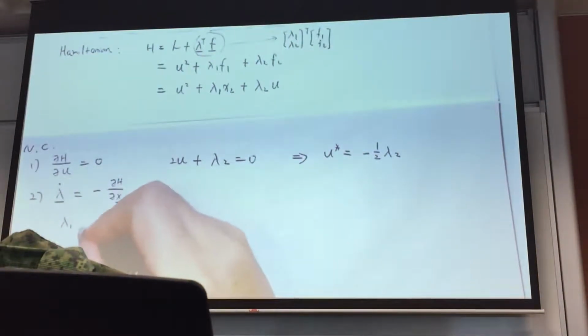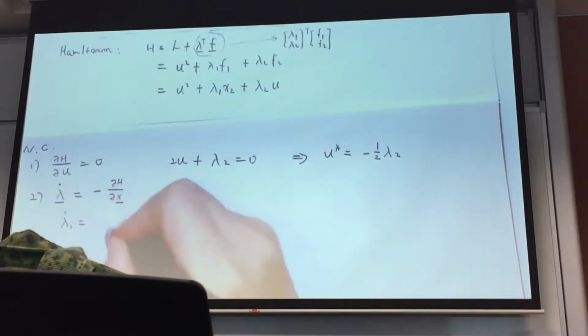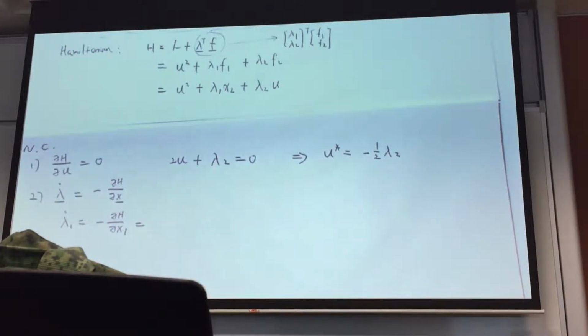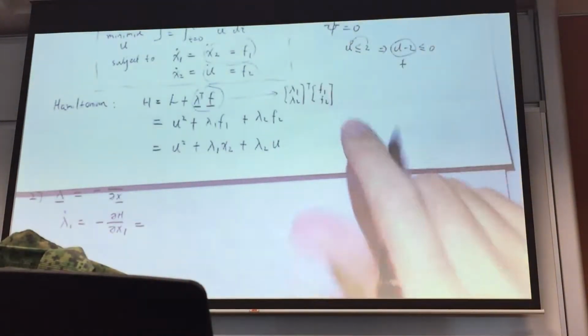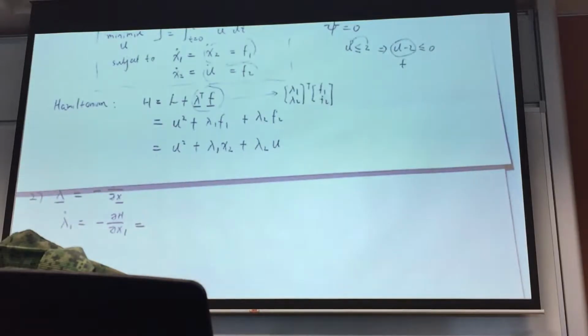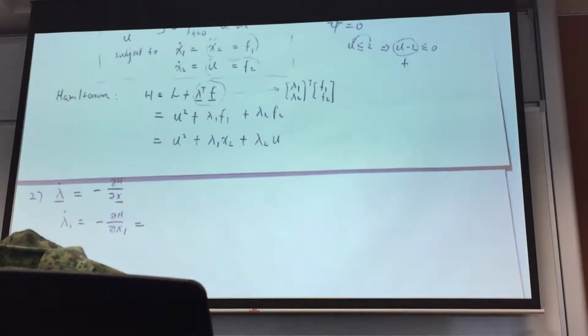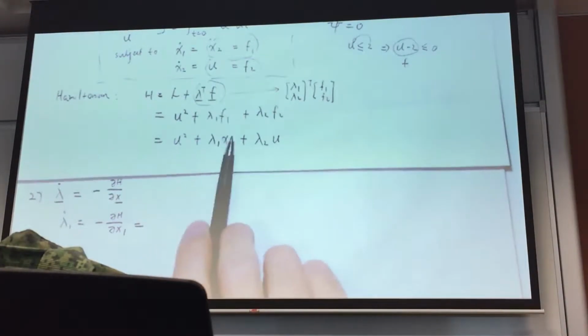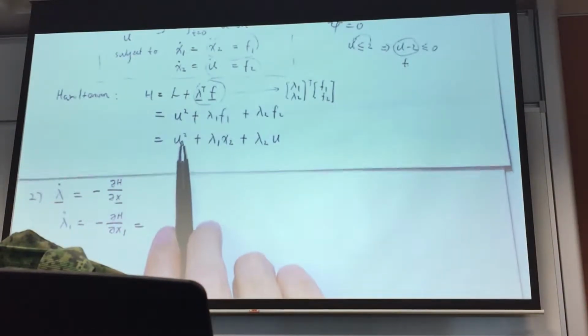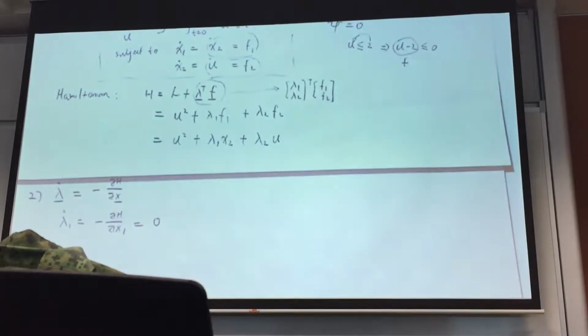The first one, lambda 1 dot equals minus dH/dx1. So what's the result for dH/dx1? It's 0, it's independent of x1. So lambda 1 dot equals 0.